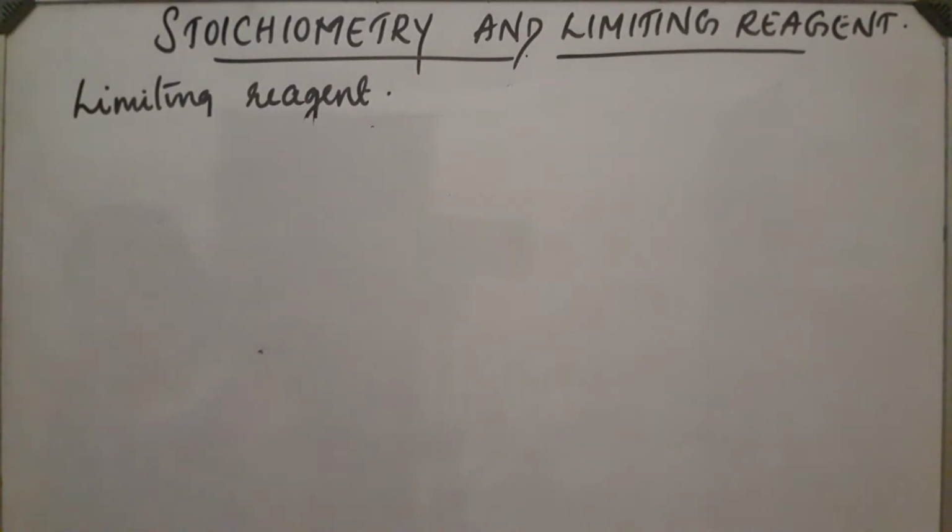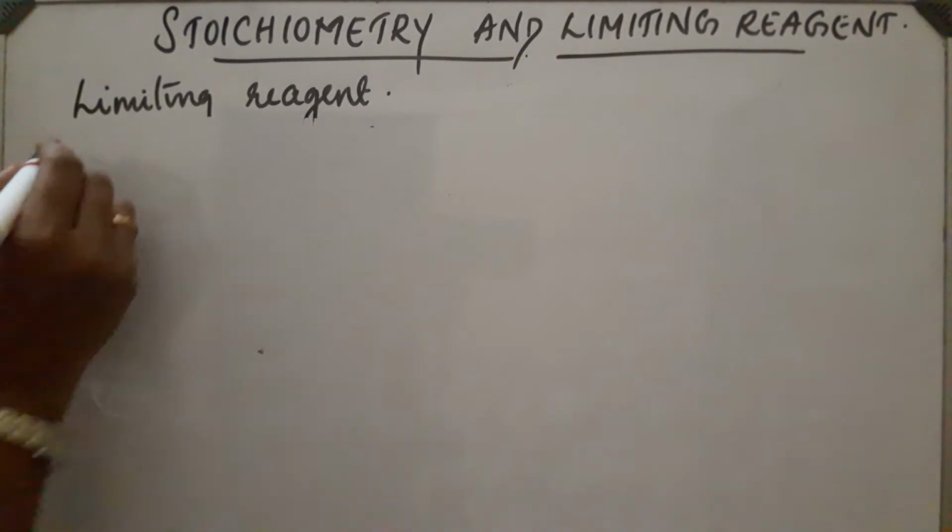Limiting reagent. In many reactions, reactants may not be present in exactly the same amount as required by the balanced equation. Okay, sometimes reactants may be in excess of what is required, and that will be left over after completion.